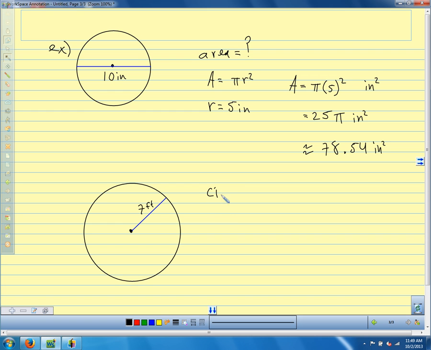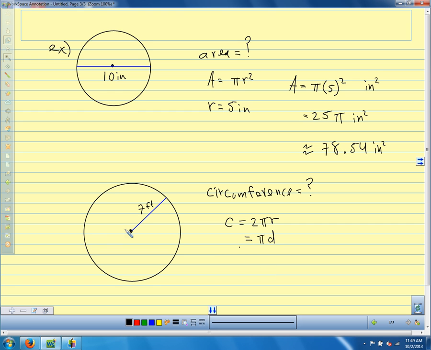And we want the circumference. So I'm going to write C, and what's our formula for circumference? We can use 2 pi r, or pi times the diameter. We end up at the same place.